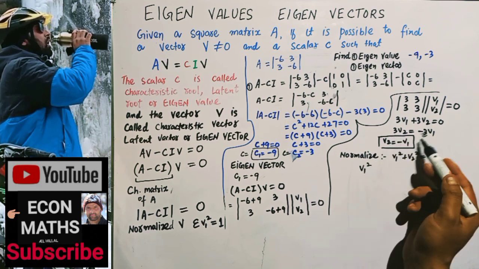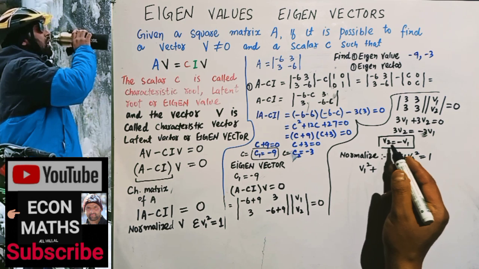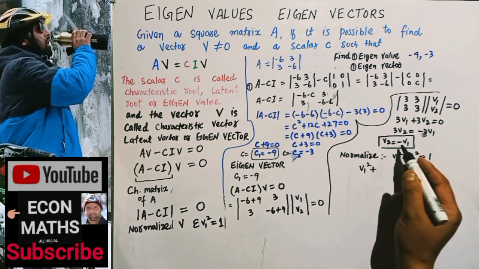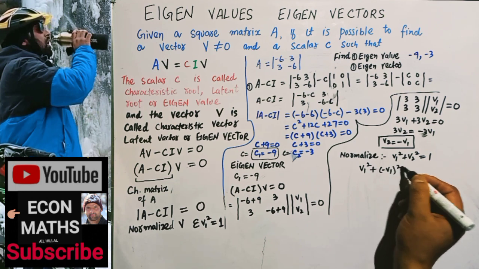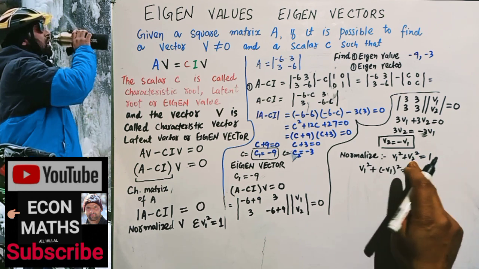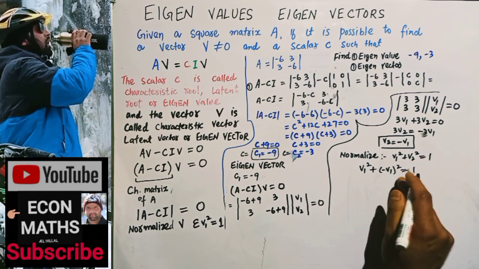So v1 square plus what is v2? V2 is equal to minus v1, so we have minus v1 square. It is equal to 1.